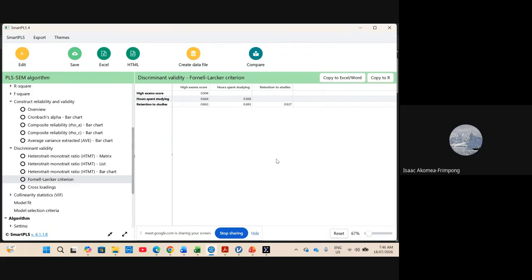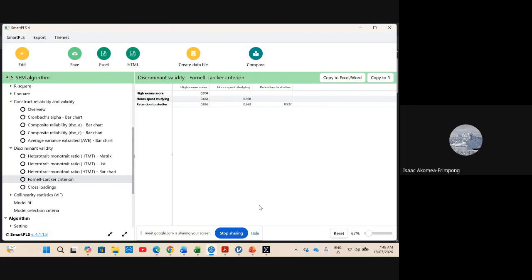Because it's the same thing. So we want to establish a point where the two constructs are not the same. We don't want to get that, and that will be determined by using your discriminant validity. So that's how it is.